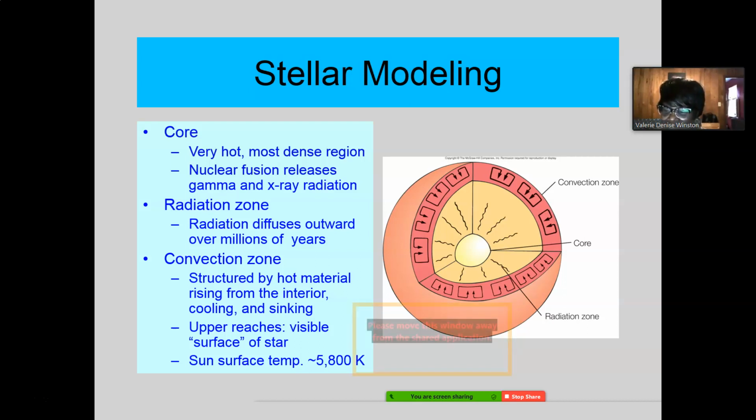If you can imagine one of those on the stovetop, pretty much filled with water, you turn on the heat underneath it, after a while you would see bubbles going up from the center, going around the top, and coming back down the sides. That's convection. The hottest water is moving up in the center because it's less dense, and then it cools at the surface, becomes more dense, and moves back around the sides because the sides are cooler. And that's called convection. That's exactly what we have going on here.